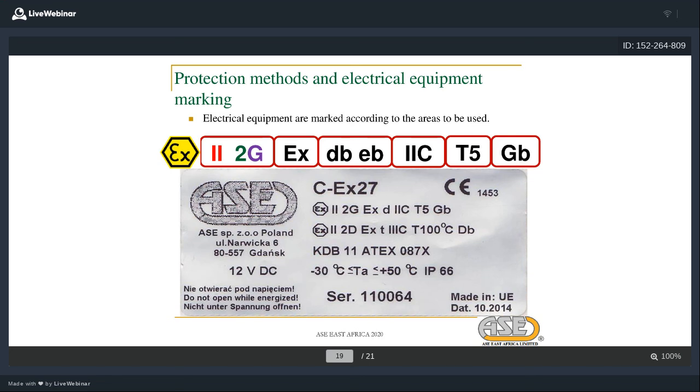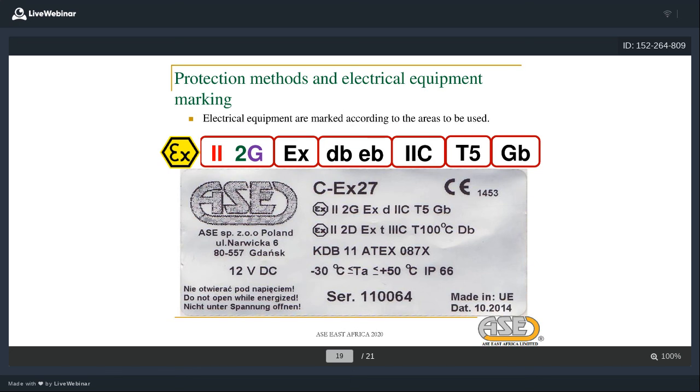And G tells us that it is gas, and b is the level of protection. So mostly what we have been talking about here tells us that the equipment can be used or installed where gas, vapor, or mist can be found.